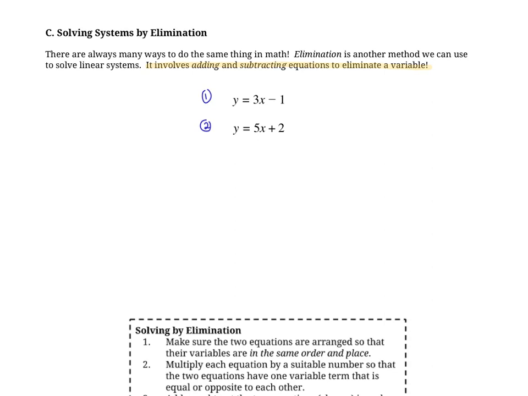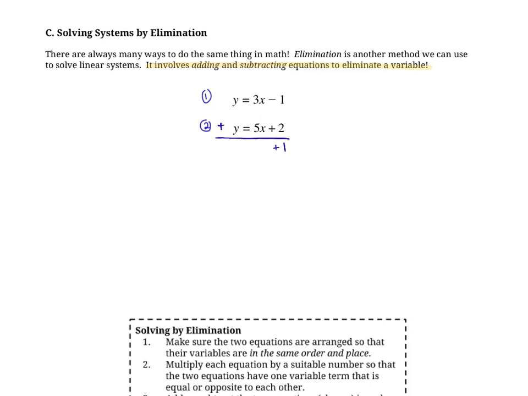Now you need to add or subtract your equations together to eliminate one of the variables. So remember, we're trying to eliminate our y variable. If we were to add our two equations together, you need to add every single term. So we're doing -1 plus 2, and that becomes positive 1.